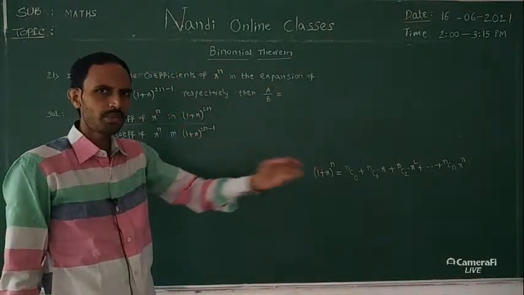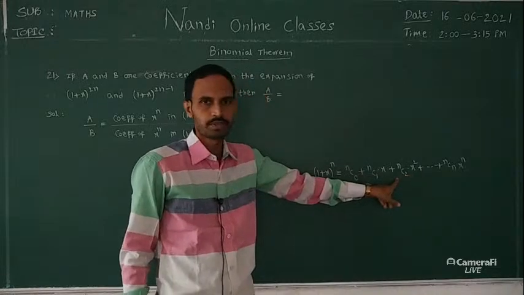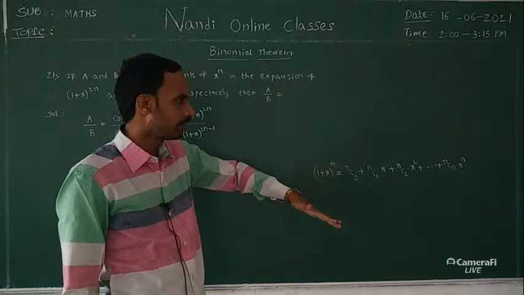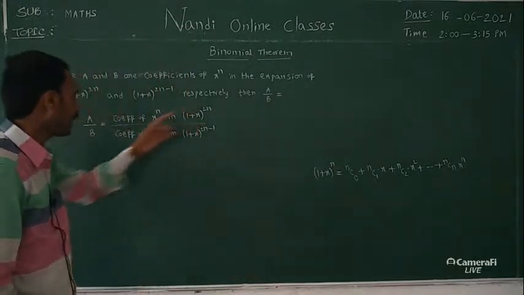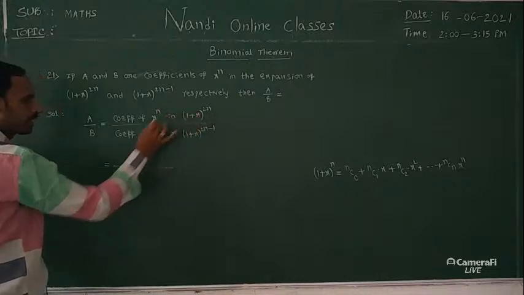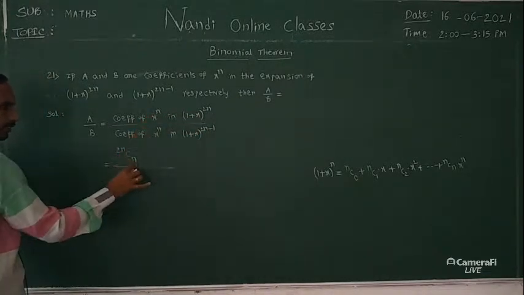What is the coefficient of x square? Coefficient of x square is nC2. What is the coefficient of x power n? nCn. Similarly, here also, the coefficient of x power n is 2nCn.